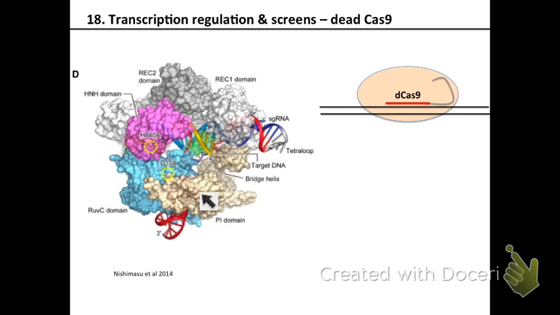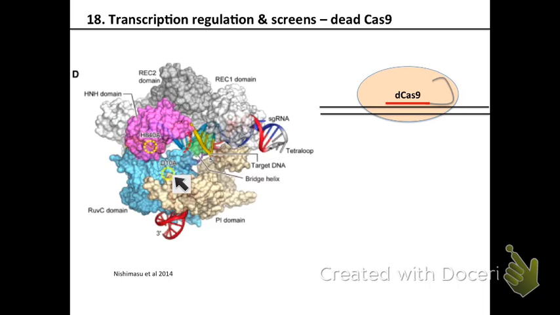What you have here is the single guide RNA, shown in red, and here is the structural portion of the RNA. The single guide RNA is making complementary interactions with the DNA that's shown in yellow and blue here. And the 2 amino acids that were changed were histidine and, what does D stand for?